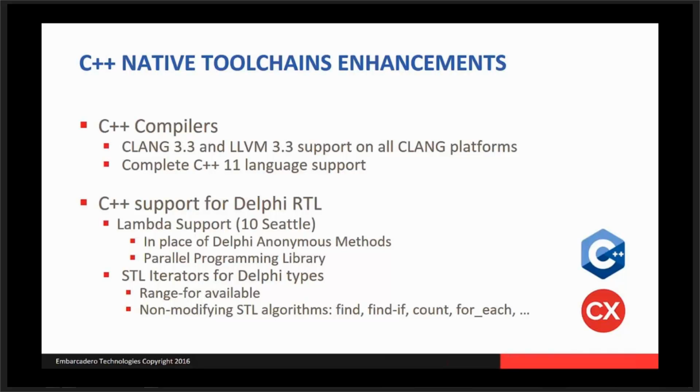Also, to leverage the C++ features, you need to be able to mix and match Delphi RTL classes or core library classes with the language features on the C++ side. We already had support for Lambda in 10 Seattle, but now we are adding to this the ability to use STL iterators for Delphi types. And I do have a short demo of that I want to share with you.